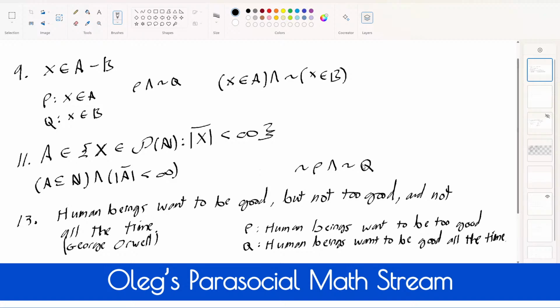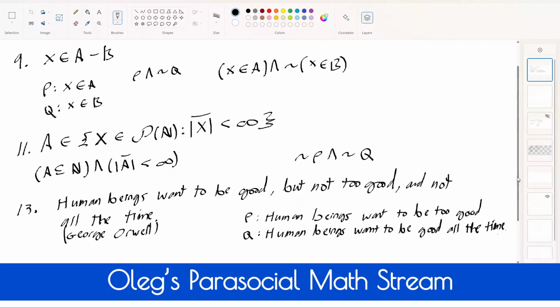Oh, they went PQR. Okay, yeah. I wanted to do that, actually. Let's try PQR. In that case, let's just see if I could lower this a little bit.